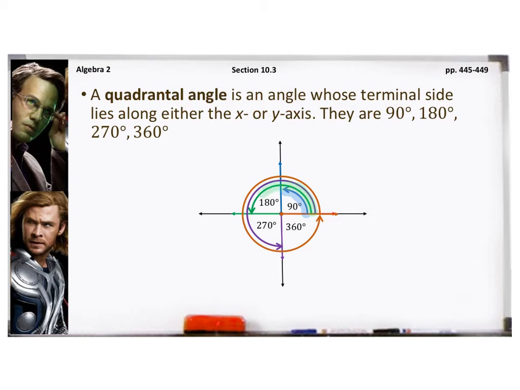We have 180 degrees. We have 270 degrees. And we have 360. Notice that 360 is also 0. It can be expressed either way.